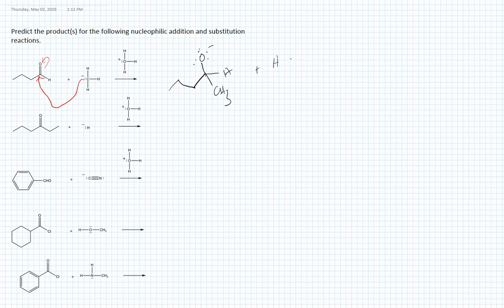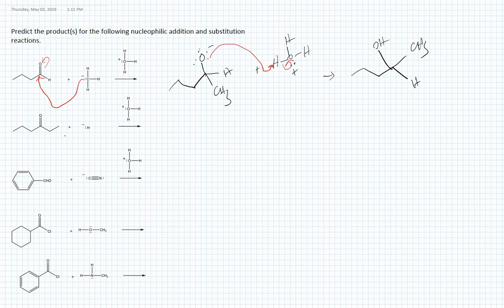Let's write the mechanism for this step also. So the protonation will result in an alcohol. So basically this is an addition reaction, and I'm going to shift the methyl group upside so that you can see that. So this was an aldehyde, and the aldehyde produced a secondary alcohol.